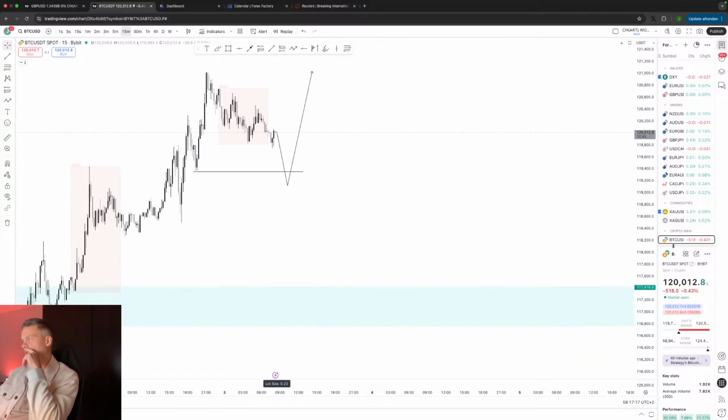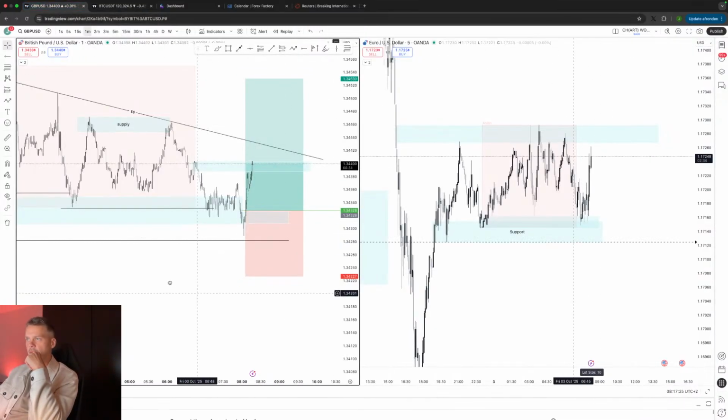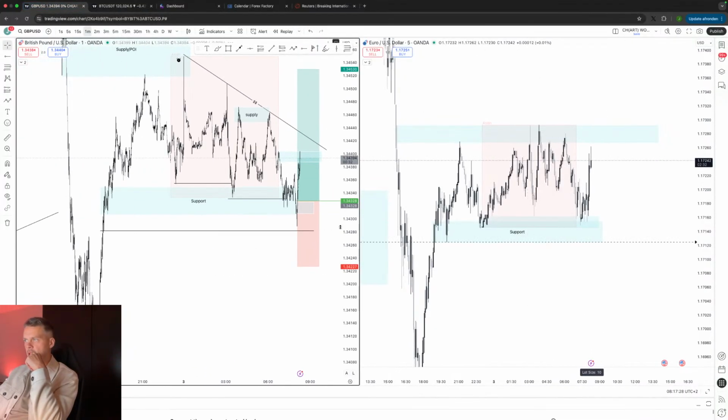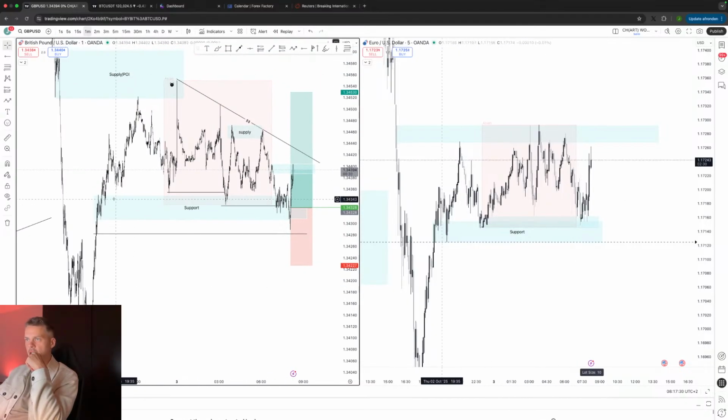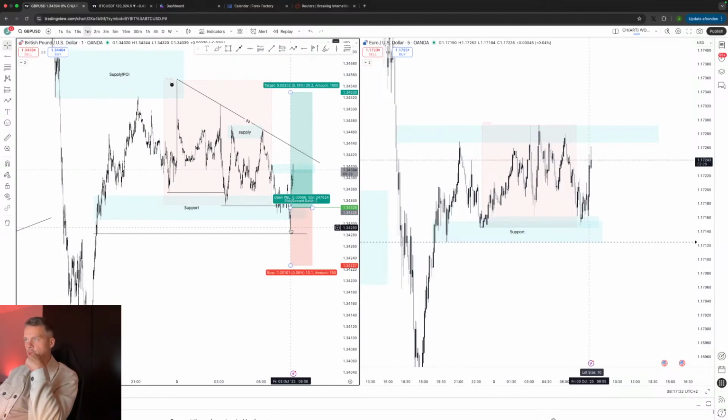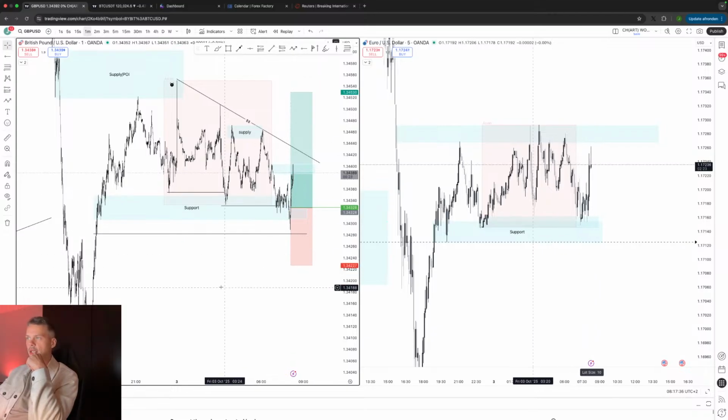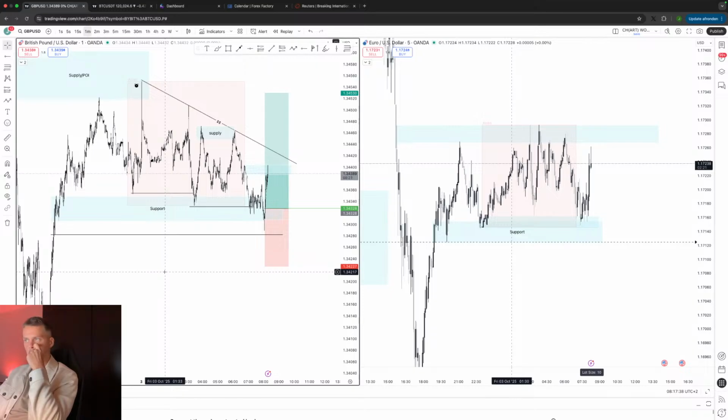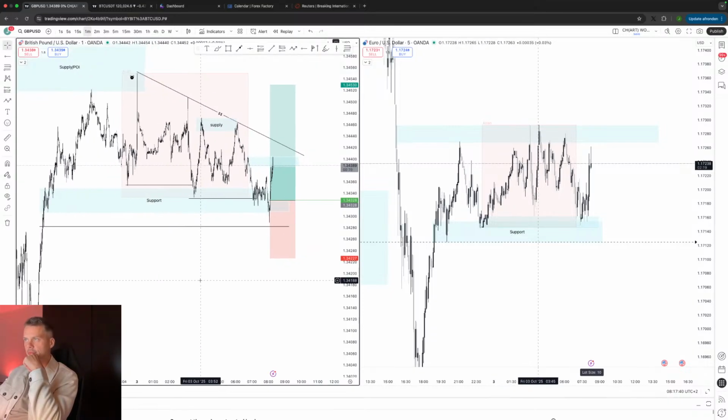That's simple. Induce one side, wait for the early traders to be trapped, swept, and go against them, like we have over here. Inducement of sellers, buyers trapped, wait for buyers to be taken out, more sellers induced, and now we can go against them. It's that simple story every single time.